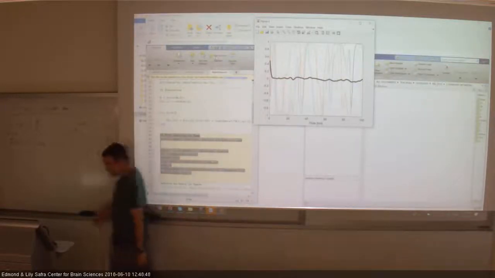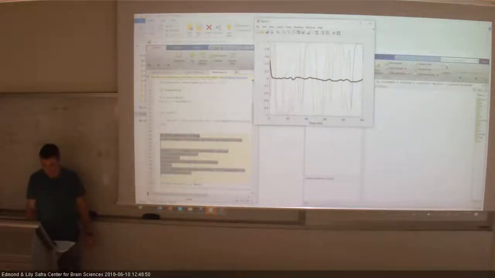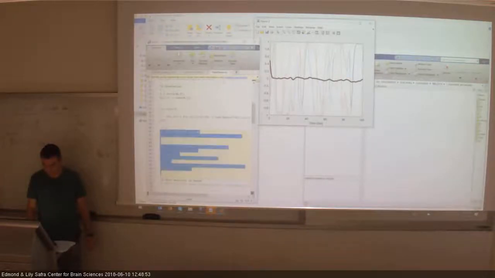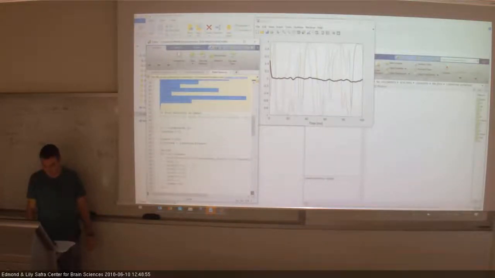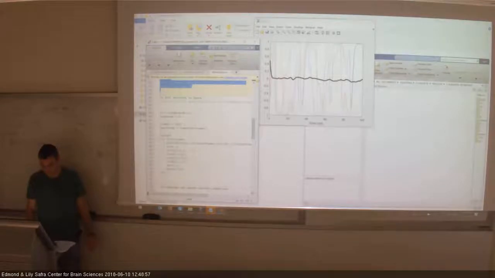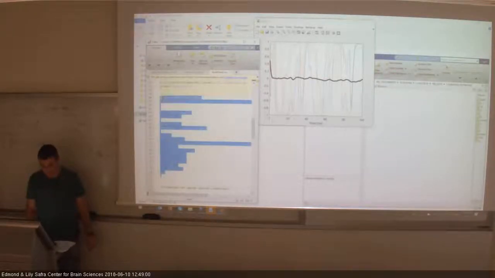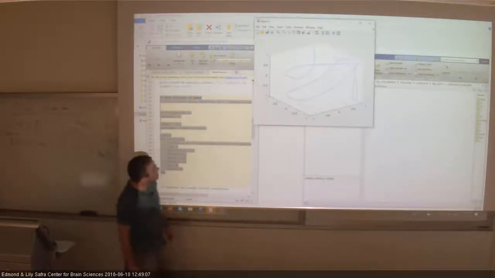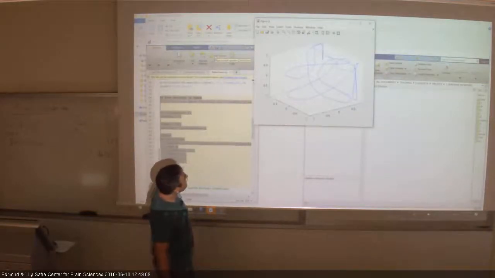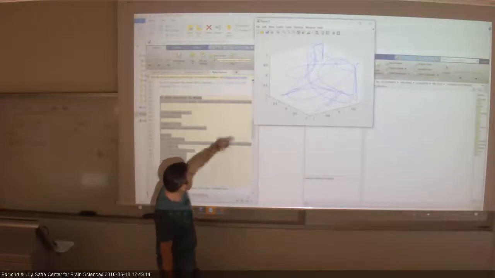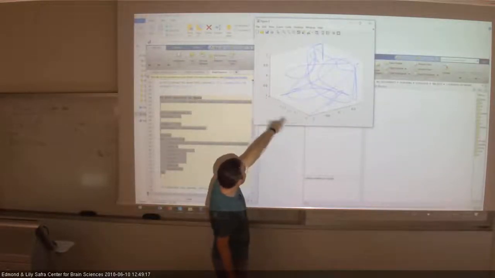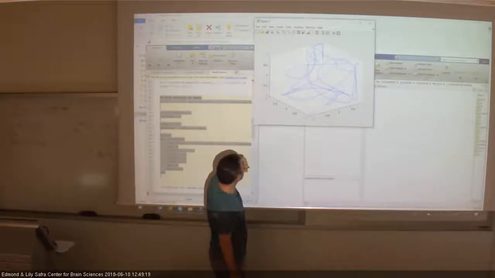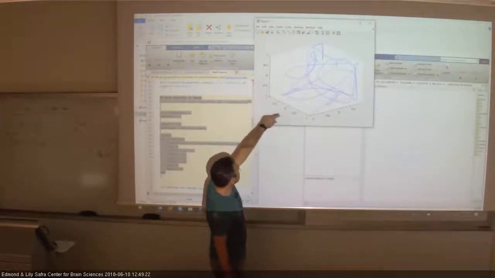This is a property of asymmetric networks: they yield chaotic dynamics. Another way of plotting it is to look at the activity in 3D space, the activity of, again, three randomly selected neurons.